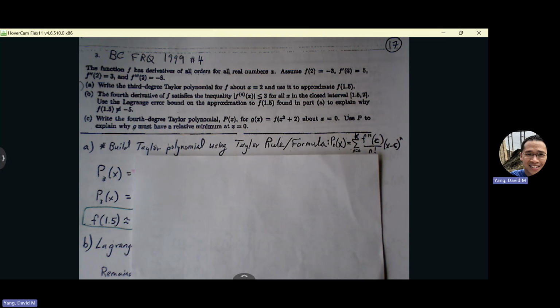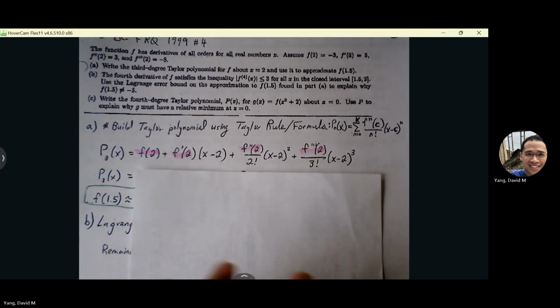And then I'll show each part once you guys try it. First two terms is just a linear equation.